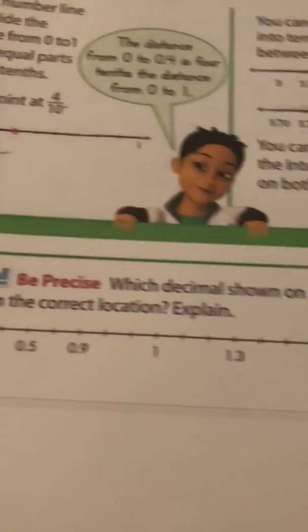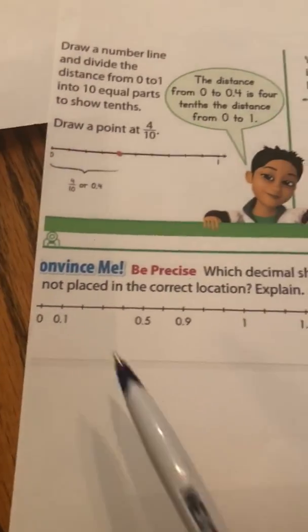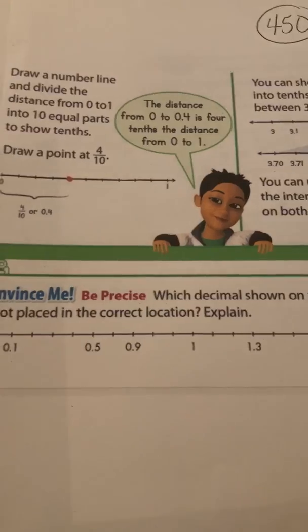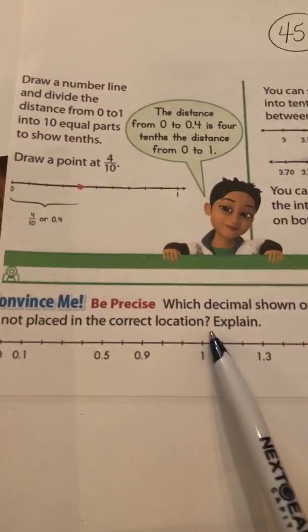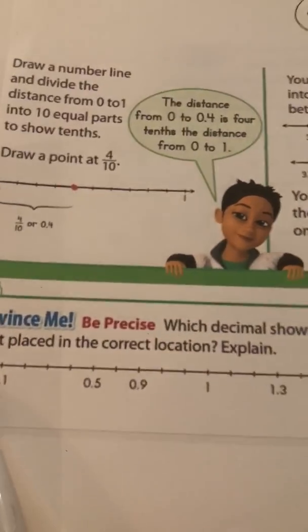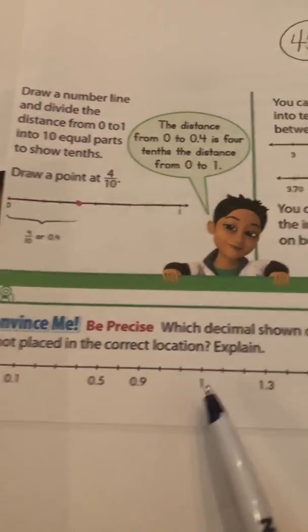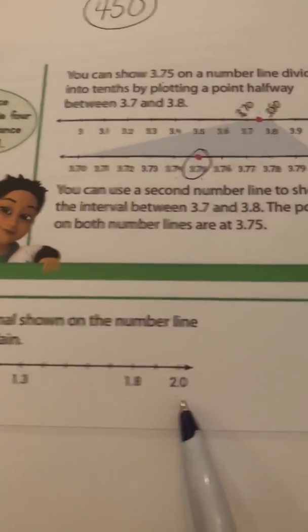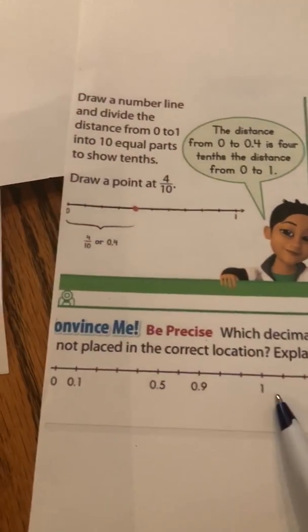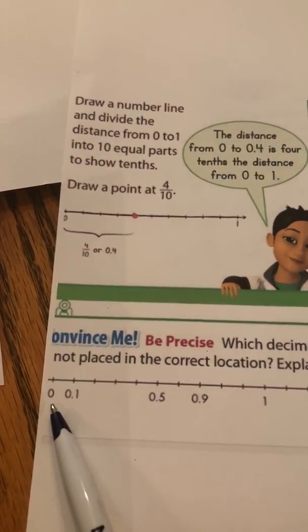Now let's take a quick look at this one down here. It says, which decimal shown on the number line is not placed in the correct location. Again, I can see that we have our whole numbers 0, 1, and 2, and there are 10 spaces. So I know to count by tenths.